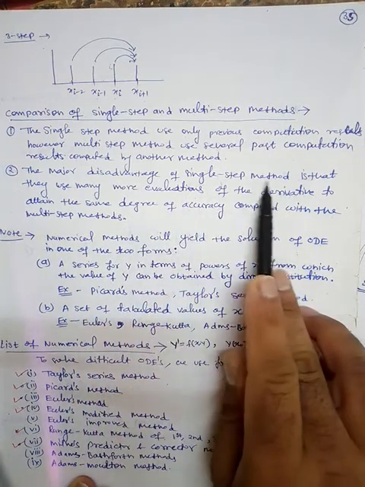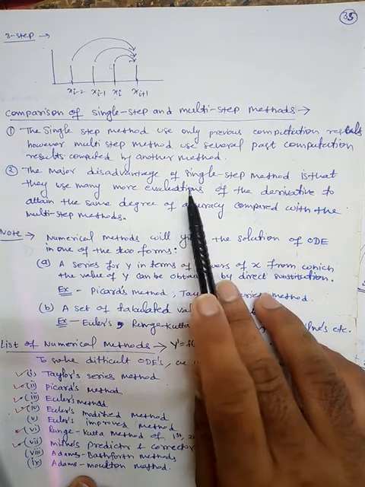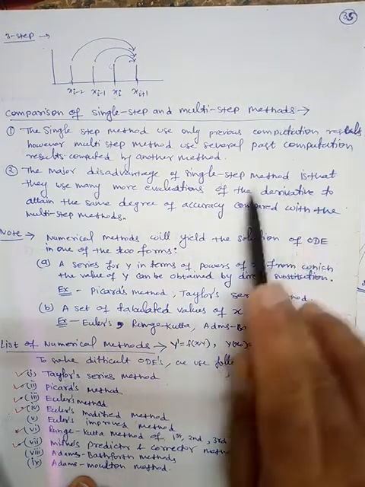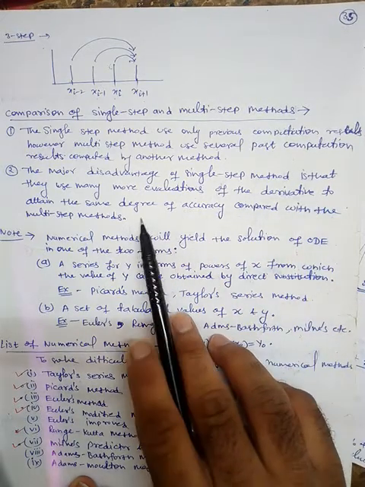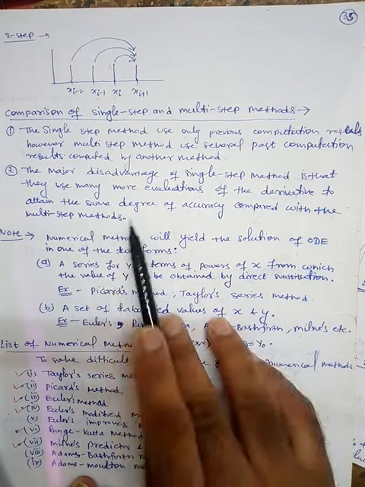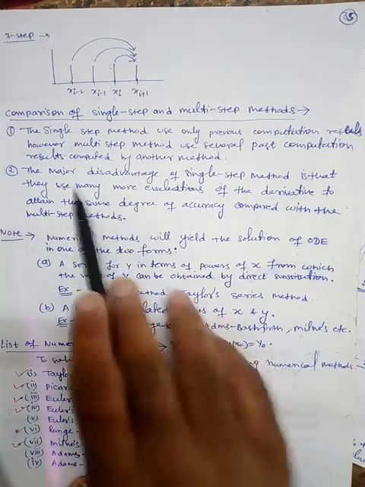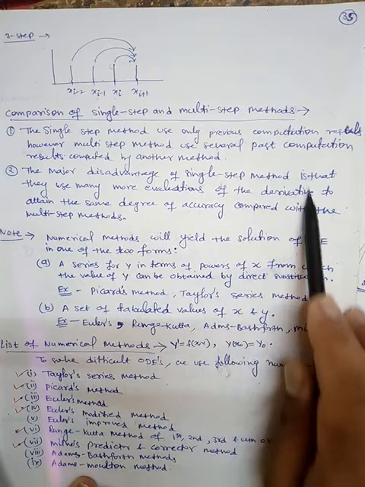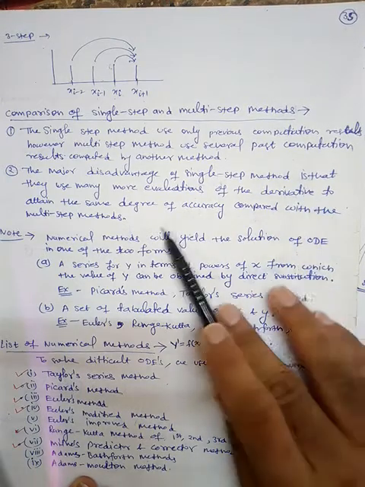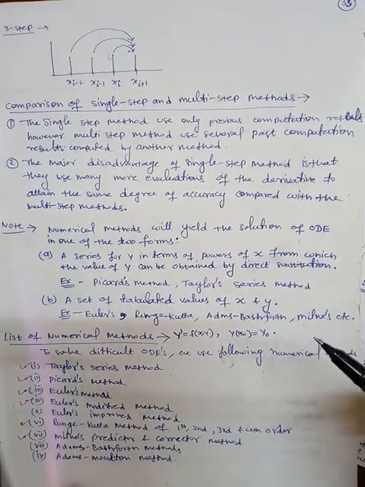So in single step methods, computation is high because we use the derivatives to obtain the solution which is obtained by the multi-step method. In multi-step methods, we will use fewer derivatives. So this is the classification.